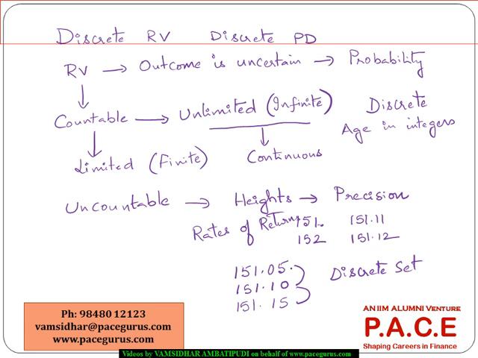But because so many values are possible, I may try to approximate it to a continuous. So that is the kind of choice the user has, whether he wants to use that particular variable as a continuous or a discrete. Because as the number of values increase, the discrete can be approximated to a continuous and vice versa.